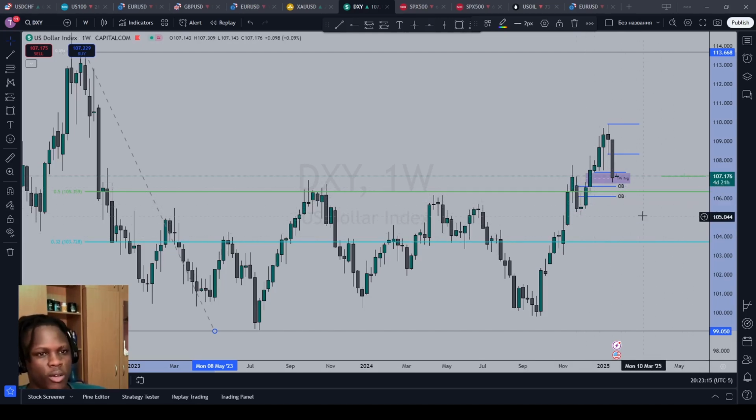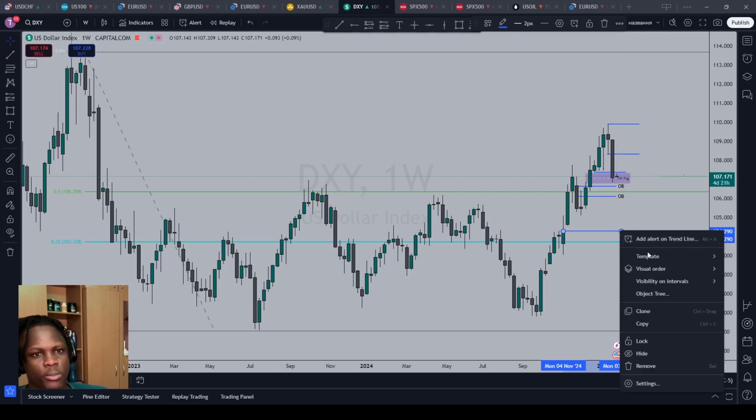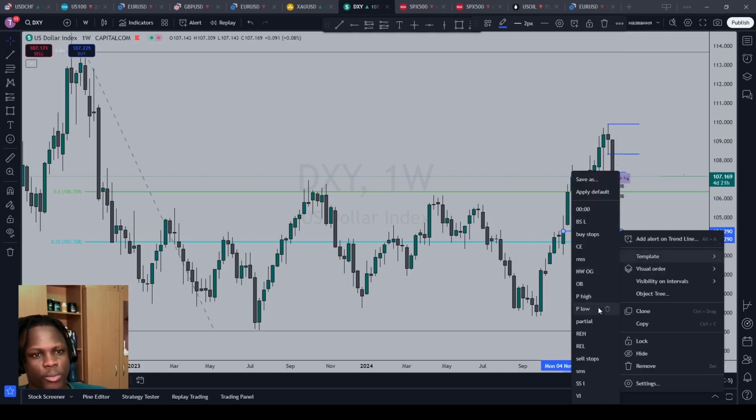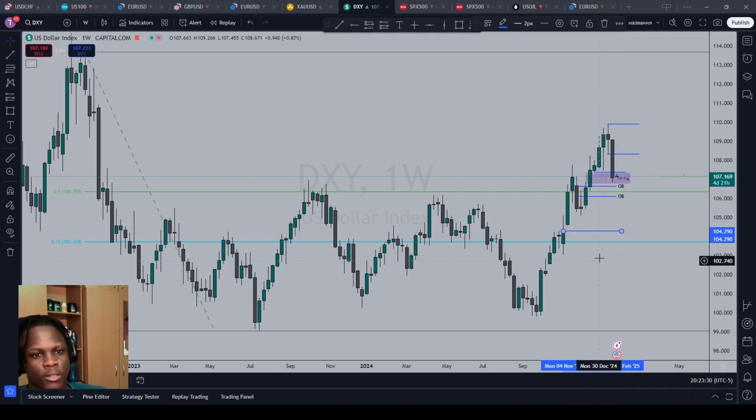Then I'll be looking for the market to go below this volume imbalance, which I'll denote here. I would expect the market to go below it and fill the volume imbalance, and there's also another volume imbalance.